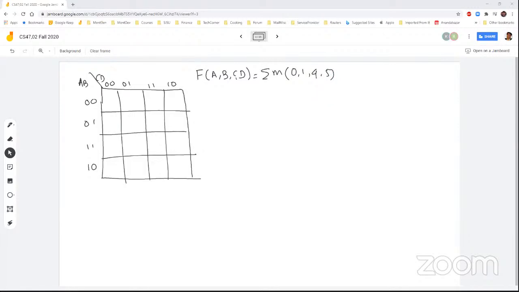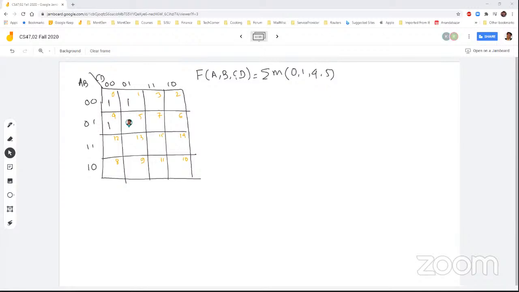So this is 0, 1, 2, 3, 4, 5, 6, 7, 8, 9, 10, 11, 12, 13, 14, 15. So we look at this sum term, SOP, and place 1 in those boxes. So I'll just have 0, 1, 4, 5.